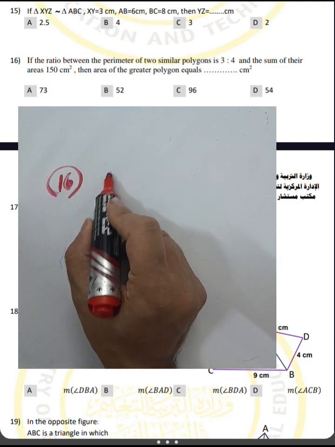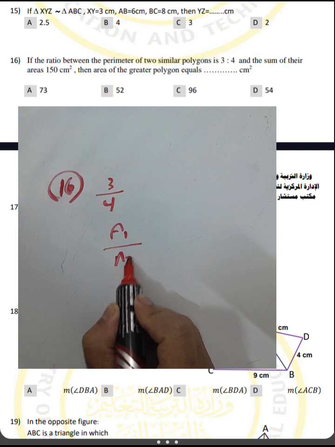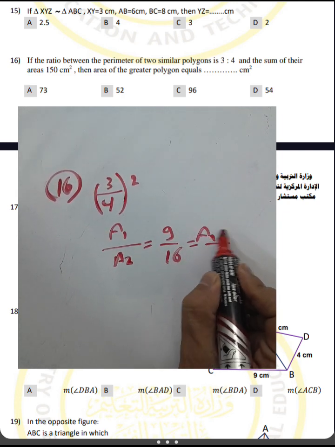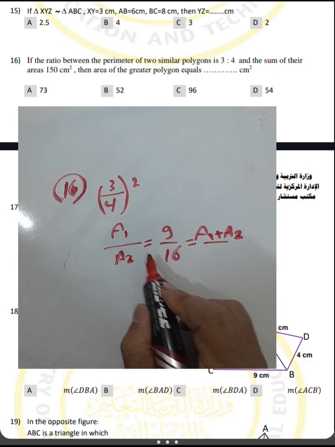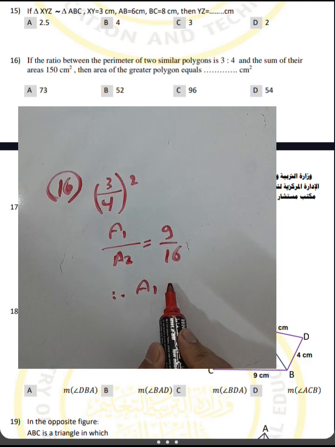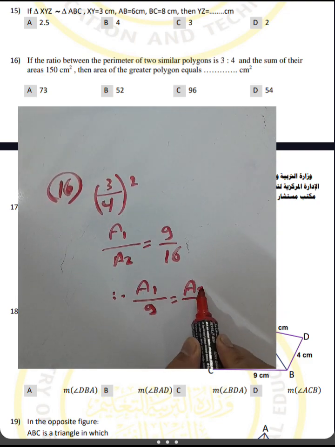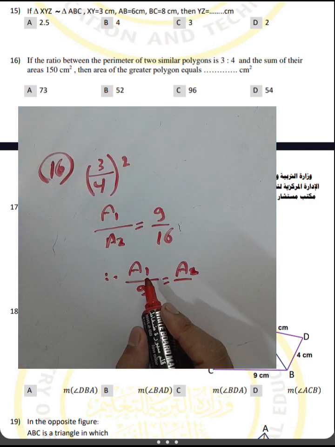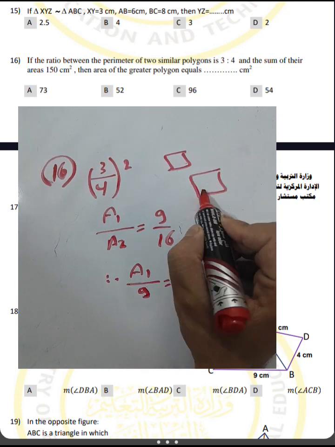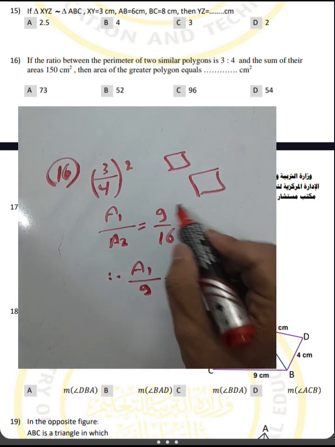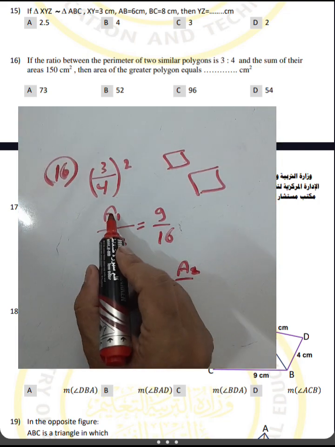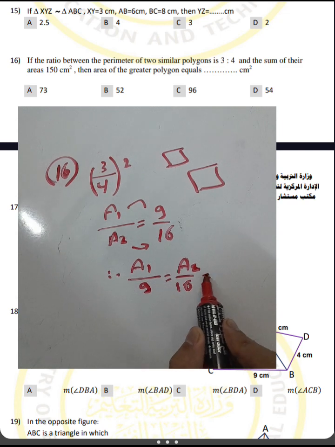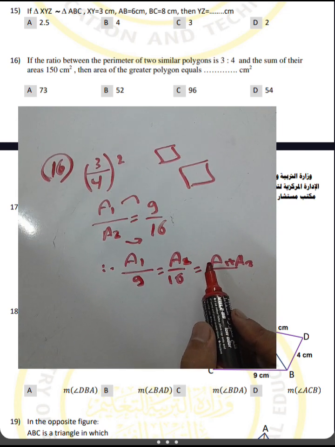The ratio between the lengths is 3 to 4, so area 1 to area 2 will be 3 over 4 all squared, which is 9 over 16. Area 1 over 9 equals area 2 over 16, and they gave us the sum of the two areas equal to 150.